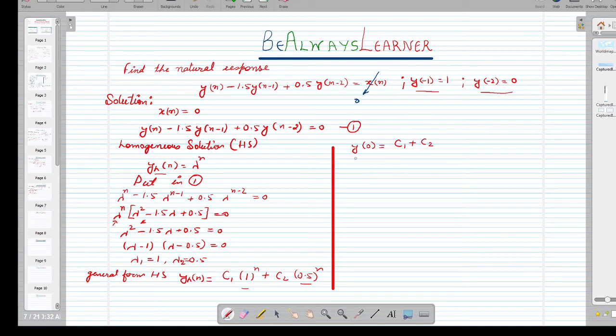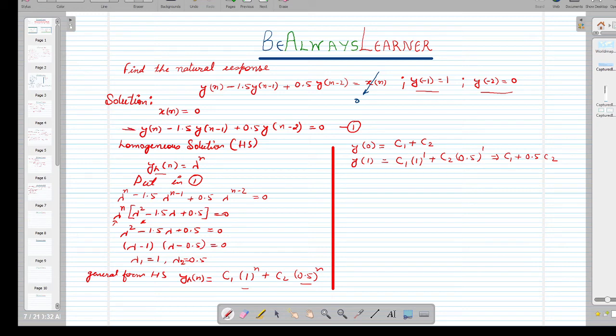If I am going to put n is equal to 1, this will be c1 into 1 raised to the power 1 plus c2 into 0.5 raised to the power 1. So this will come out to be c1 plus 0.5 c2. So the homogeneous equation can be rewritten like this, the homogeneous solution yn.